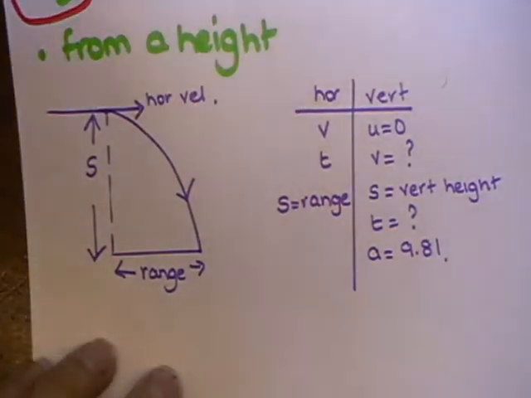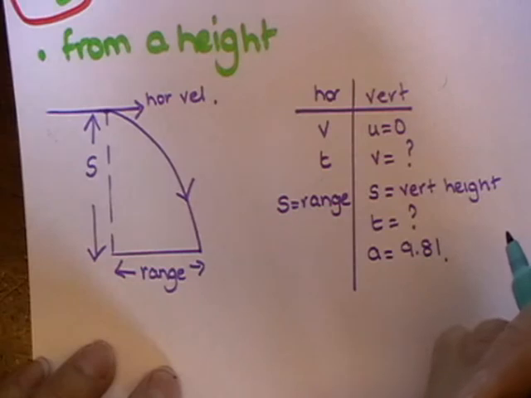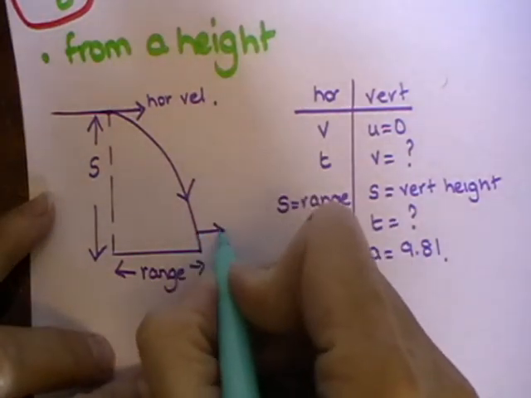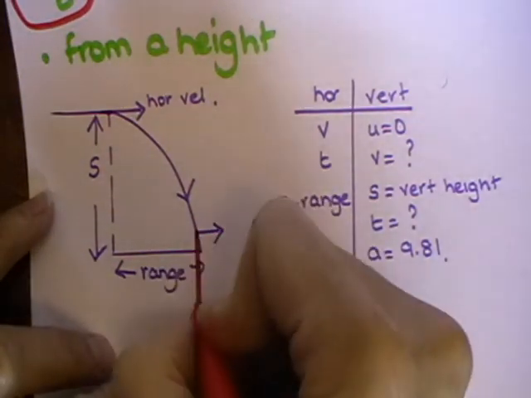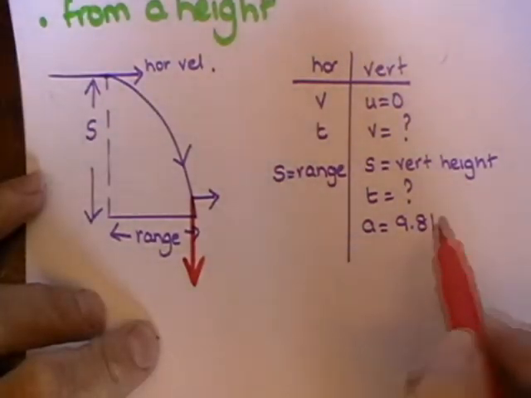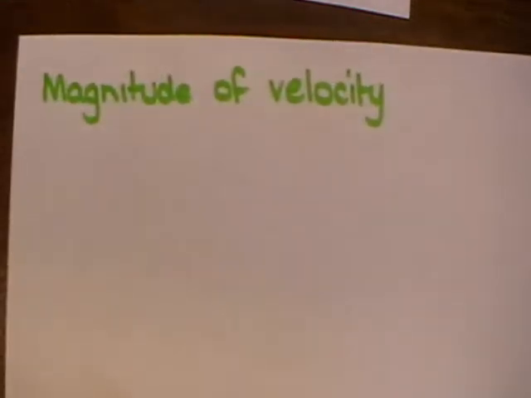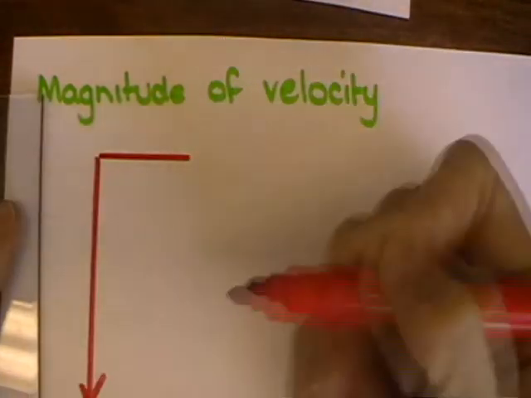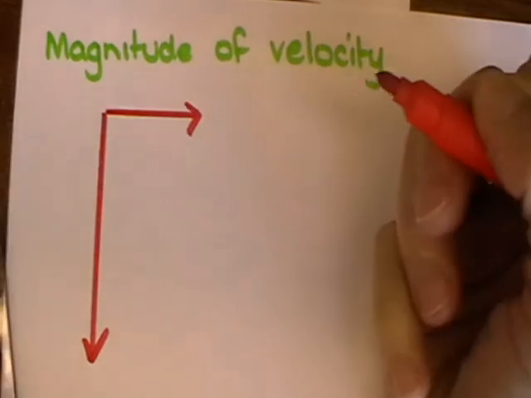Now, the last thing then to do with this, and I'm going to go on to another page, is the magnitude of the velocity when it hits the ground. Now, you'll always know this horizontal velocity will always stay the same as it hits the ground, but you may have to calculate your vertical velocity there using equations of motion. So to find the magnitude of the final velocity, what you will do then is you'll take your horizontal velocity and your final velocity and add them vectorially like you've done in the past.